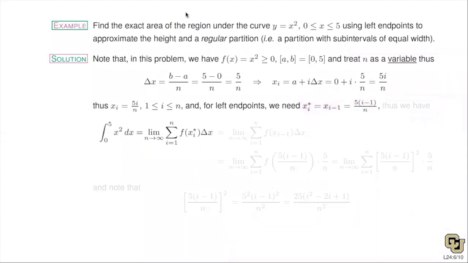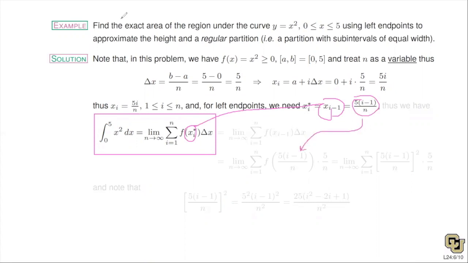So now I'm ready to construct my integral. Here's my integral. Here's the definition, the limit definition. Now what I'm going to do is replace x sub i star with x sub i minus 1, which happens to equal 5 times i minus 1 over n. And then I replace delta x.